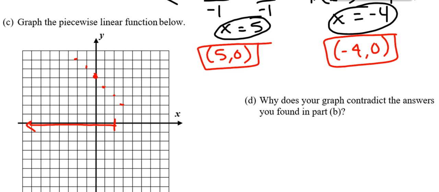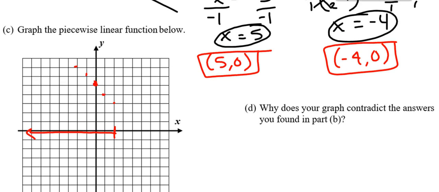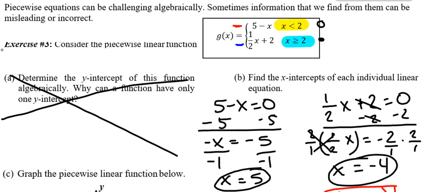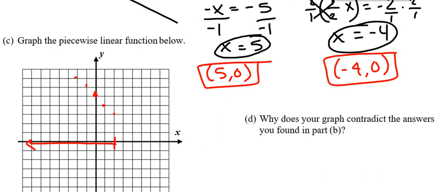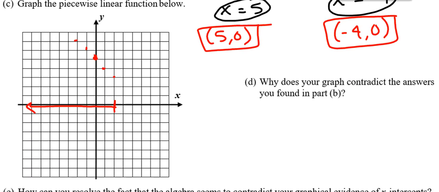So I'm going to erase all values that are not less than 2. And also remember, we're not including 2, so it's an open circle at 2. So I'm going to draw an open circle there as well at 2. So now my graph looks like this.